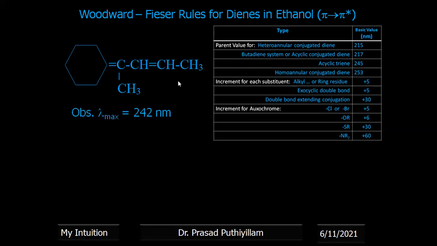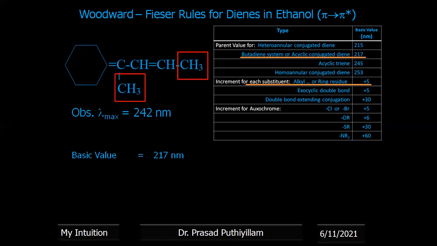The observed lambda max for this particular compound is 242 nanometer. The base value is 217 nanometer. And for the substituents, we have two alkyl substituents, the CH3 groups connected to the carbons with double bonds. And what else? We also have the ring residues.